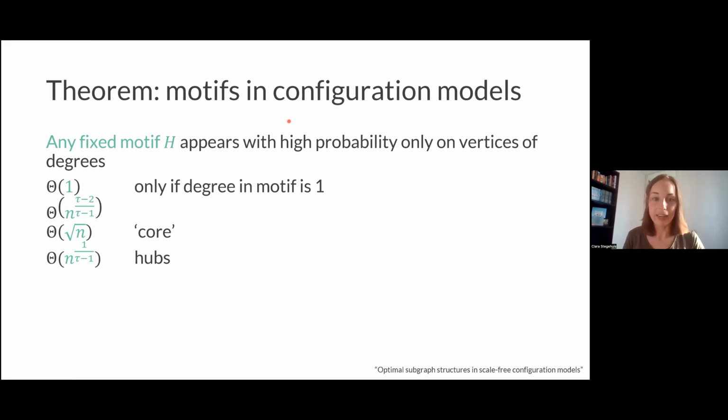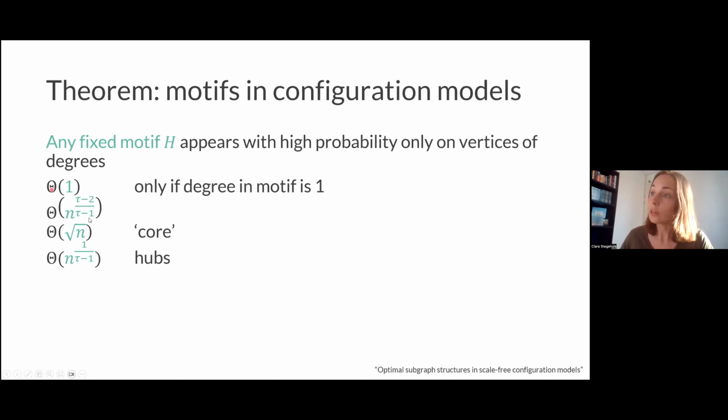So let me state this theorem, informally. It says, suppose that I'm interested in some subgraph H. Then in these configuration models, it only appears on four orders of magnitude of degrees. Sometimes they appear on extremely high degrees, so these are the highest degree vertices in your network.